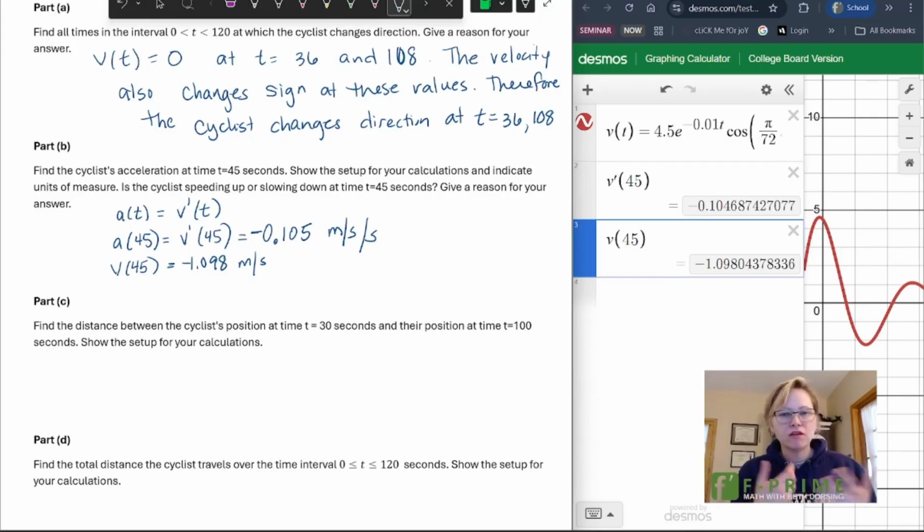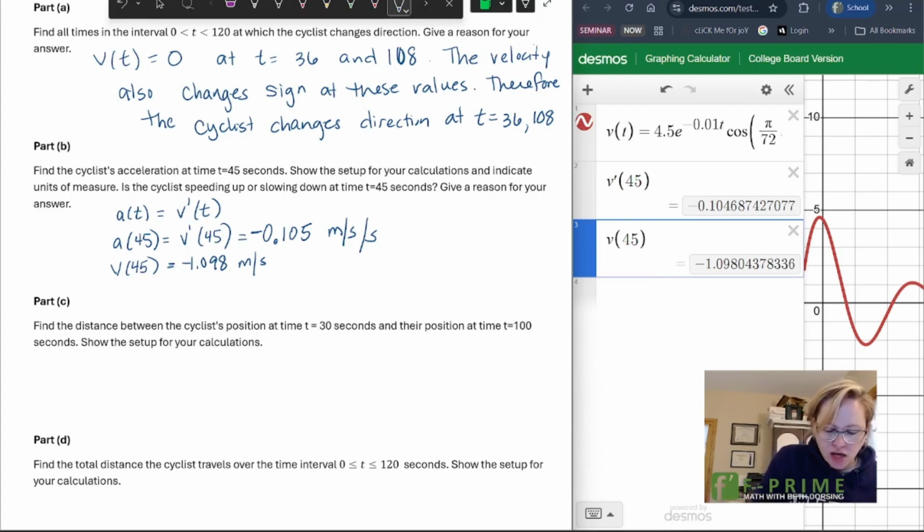So in general, if the acceleration and the velocity have the same sign, that's when our particle or our object, or in this case our cyclist, is speeding up. When they have opposite signs, that means they're working against each other. So the velocity may indicate moving one way, but the acceleration is pushing in the opposite direction. That causes a slowdown of our object that's in motion.